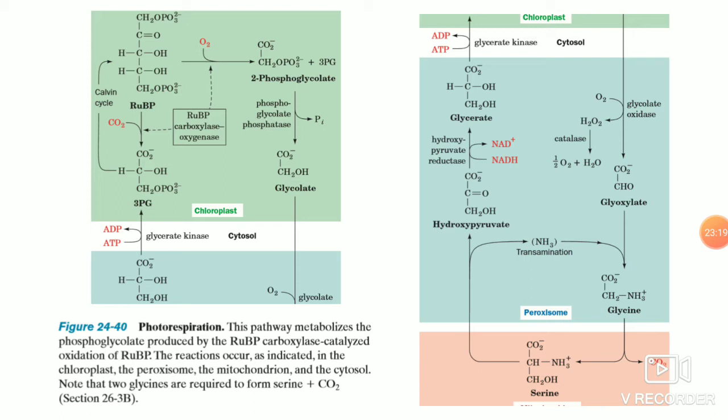Glycolate is exported from the chloroplast to the peroxisome, also called glyoxysomes, where it is oxidized by glycolate oxidase to glyoxylate. In the peroxisome a molecule of hydrogen peroxide is produced, which is acted on by a heme containing enzyme catalase to neutralize the action of hydrogen peroxide.